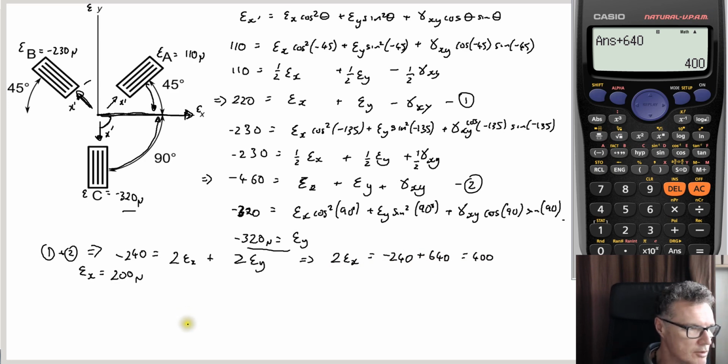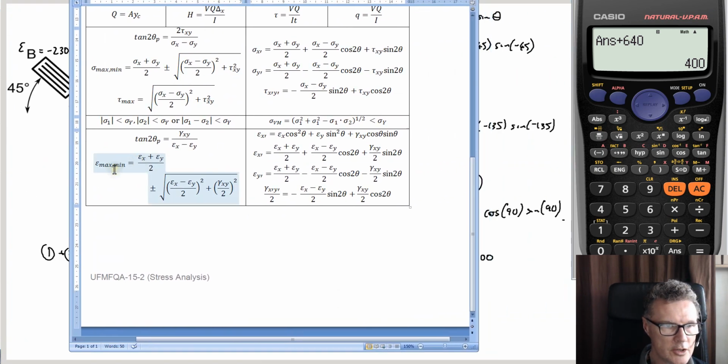And now for the last thing, which is to find the maximum strain, the minimum strain, and also the shear strain. The shear strain is double that number. So let's start there.